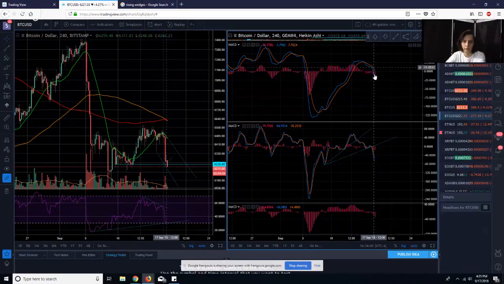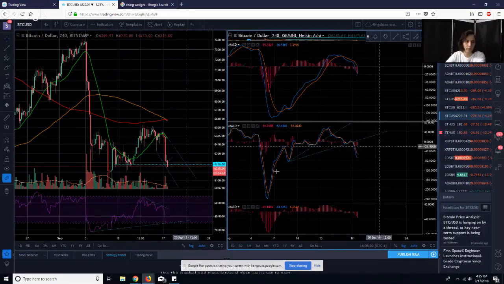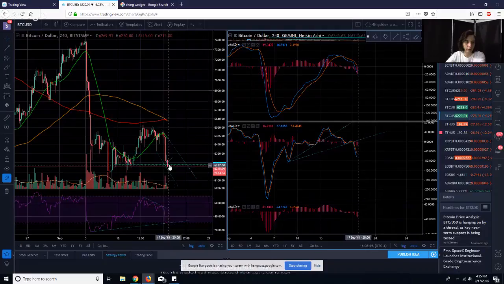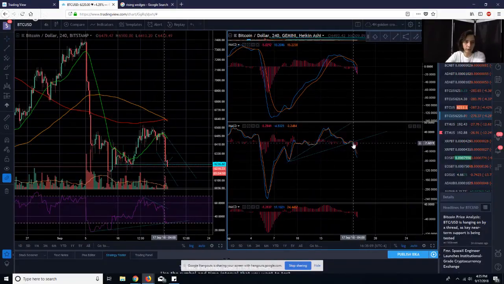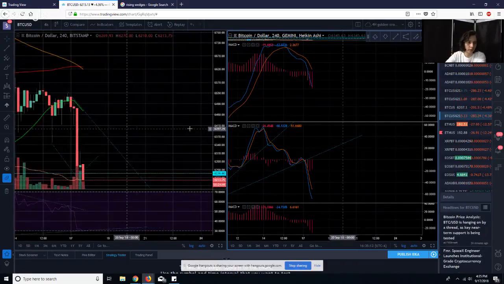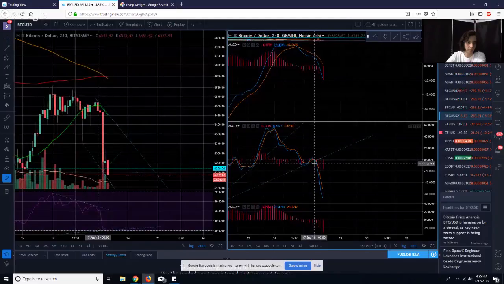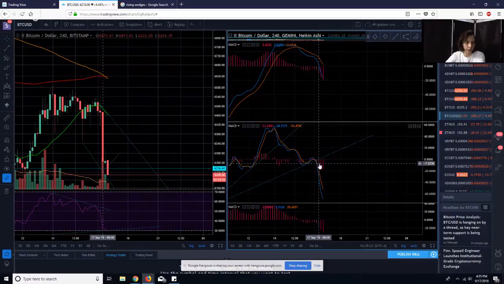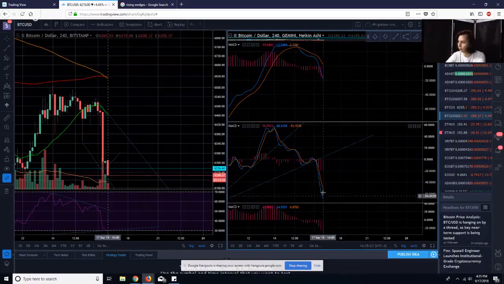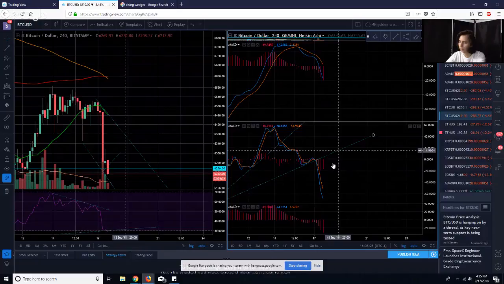The MACD is showing us that we had a crossover to the 0, and we are accelerating down, as you can see. Our trend did break right over here. It looked like it was going to break 4 hours ago. It started to break, and then right now we just have that massive follow through for the trend break.